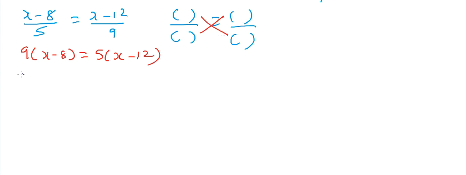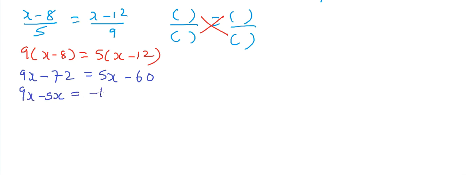Now let's expand. So 9x minus 72 is equal to 5x minus 60. As usual, move the smaller x term to the other side. 9x minus 5x equal to minus 60. Write the remaining minus 60, no change in sign, but 72 comes from the other side, so the sign changes to plus.